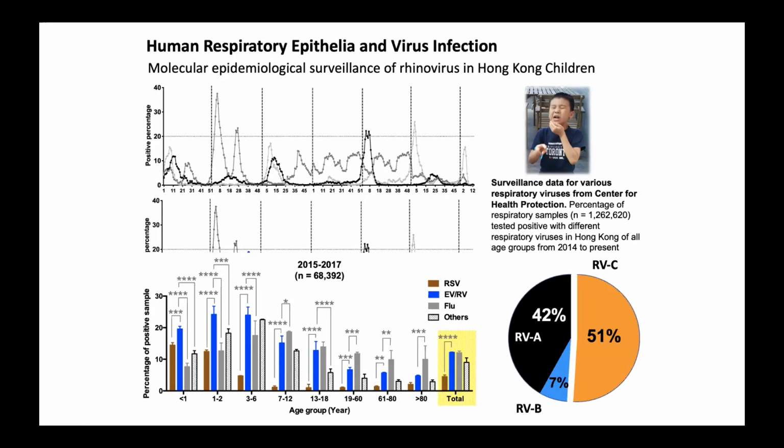For example, it is suggested to cause more severe respiratory infection and a higher chance of association with severe asthma exacerbation. So our group is focusing on RVC.